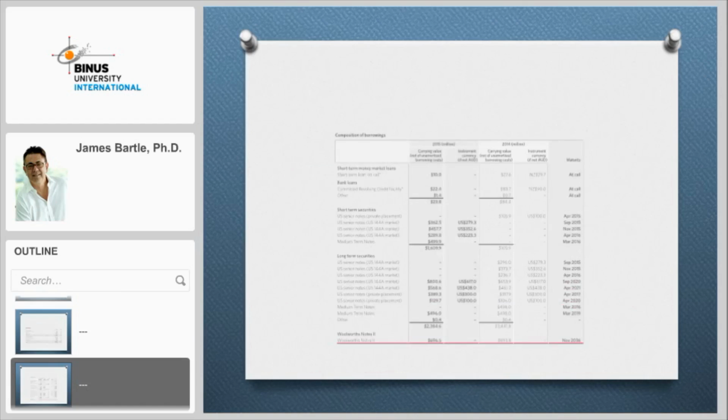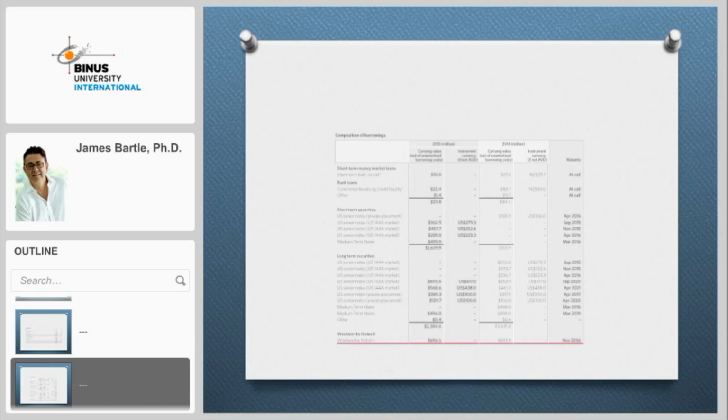Here is the second part of note number 24. The first part we saw summarised the data. Here it expands the data. Again, we're just looking at 2015, and you see that they split it up into short-term money market debt and bank loans, which would have around the same interest rate, which we'll talk about in a little while. The short-term securities, again, you'll see that they are US 144A markets.